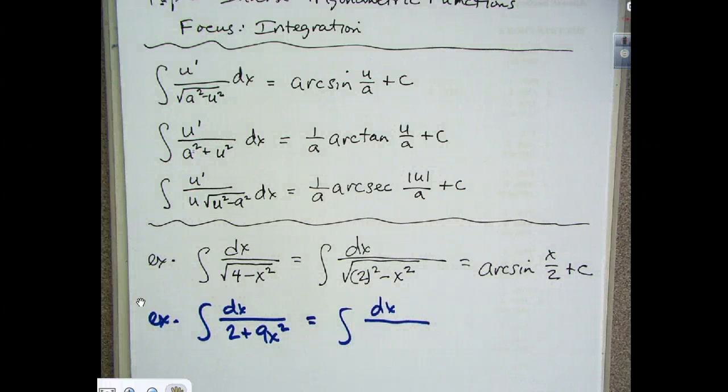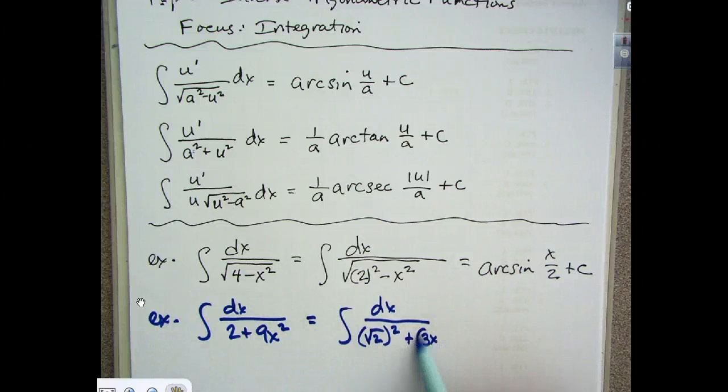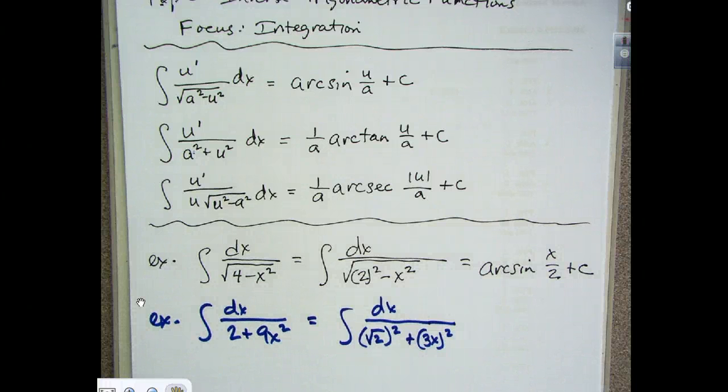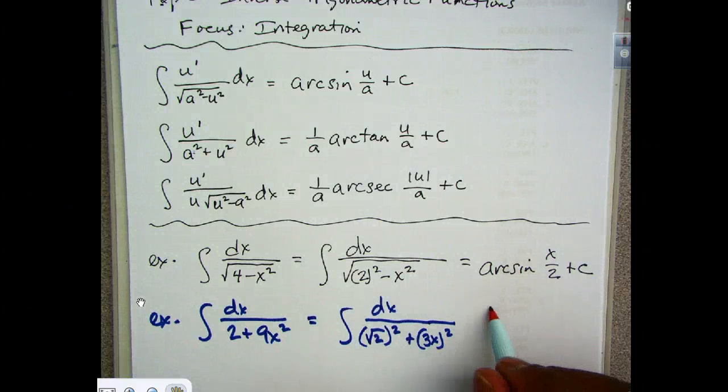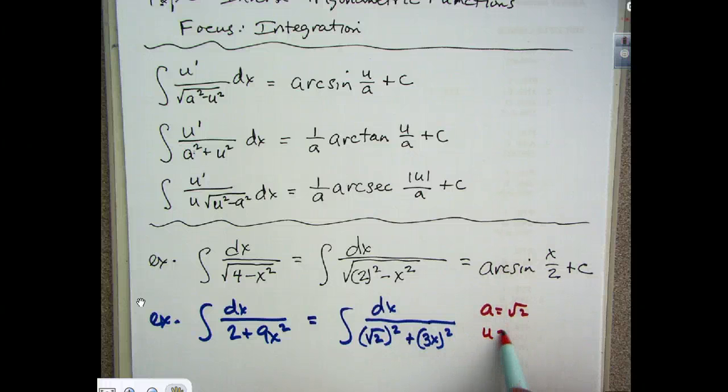So how could I rewrite the 2 so that it's a square? We do that by rewriting it as the square root of 2 squared. And our 9x squared, we can write as 3x quantity squared. So in this case, our a is square root of 2, and our u is equal to 3x.